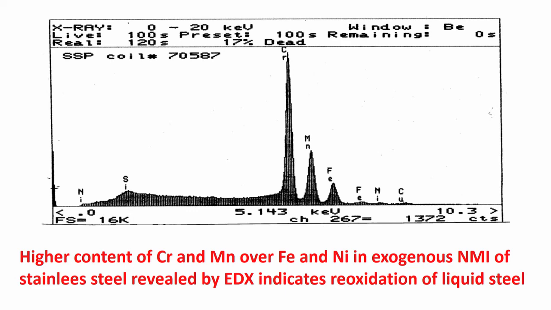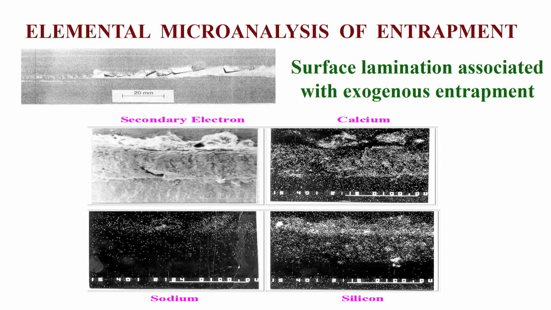So, this is the culprit, and we know now how to take care of it. Similarly, if mold slag has got entrapped, there is some sodium present; the X-ray image shows some sodium along with calcium, silicon and oxygen in the defect area. So, we know that this has come from mold slag.